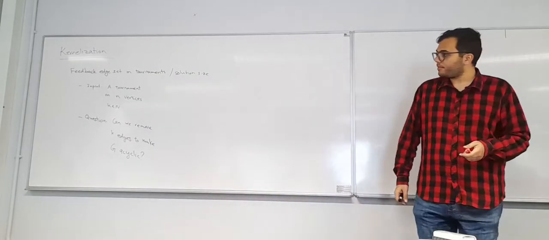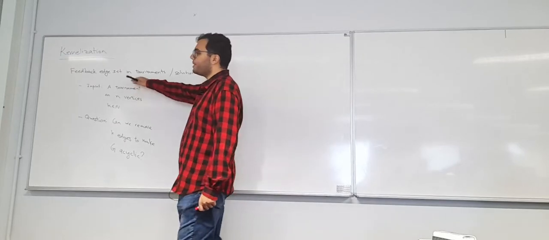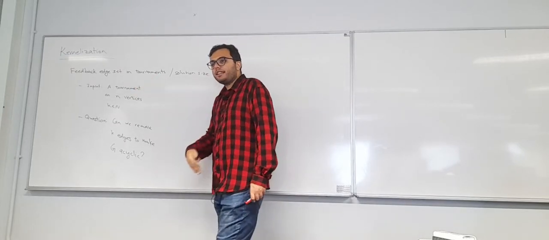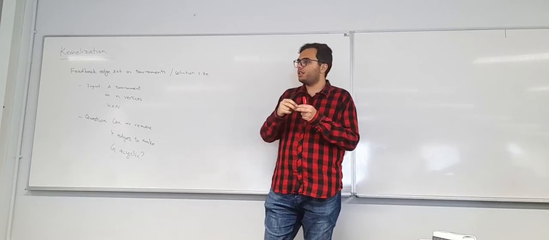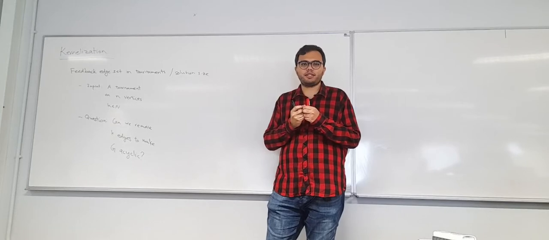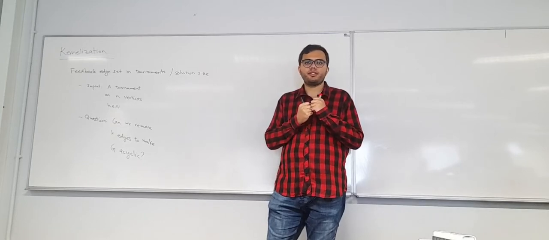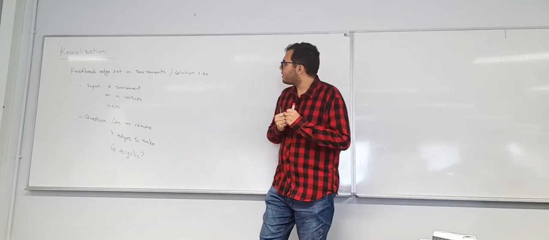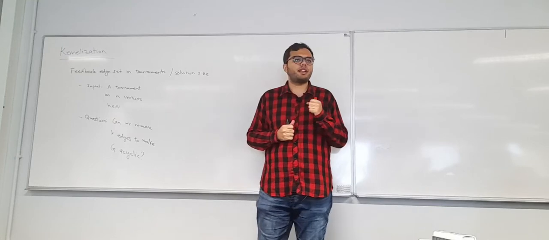Okay. So we've already solved feedback vertex set in tournaments. And there the idea was that we were trying to find vertices that had to be in our feedback vertex set or vertices that we were sure were not in the feedback vertex set. And we would just remove those vertices from the graph, right? But the problem here with feedback edge set is that I can't just remove an edge from a tournament.